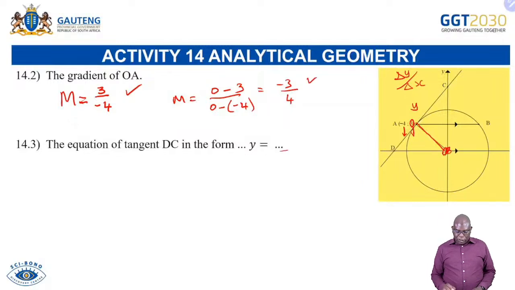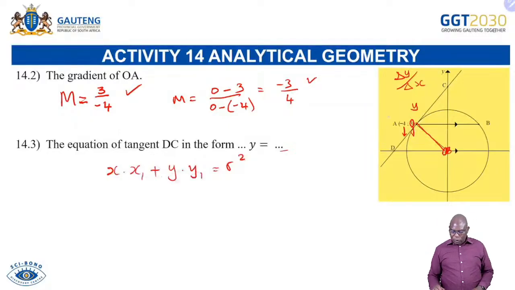The equation of the tangent, if I use x times x1 plus y times y1 equals r squared. But before I get this, the r squared will be quite easy. R squared will be negative 4 squared plus 3 squared, which will give us 25.